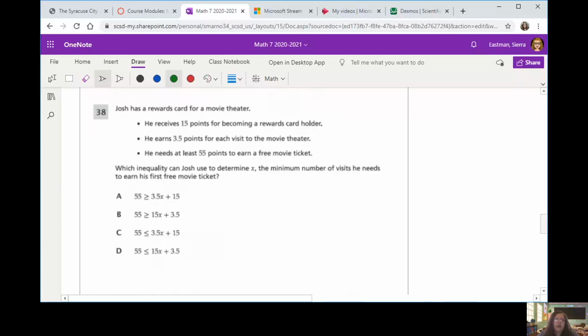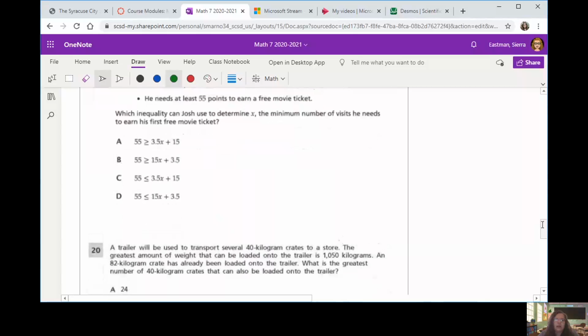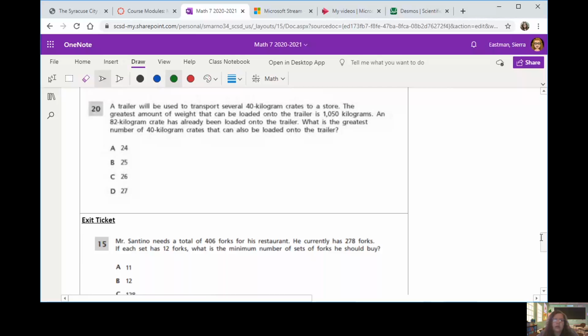And then we have a few more situations here. Josh is going to a movie theater. He's earning some points. We can see that this is actually as an inequality. What would we have to set the inequality as? And then question 20.